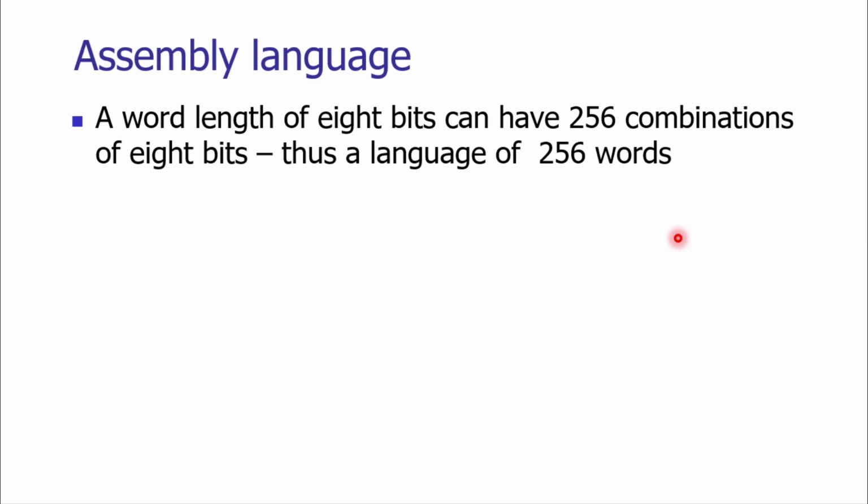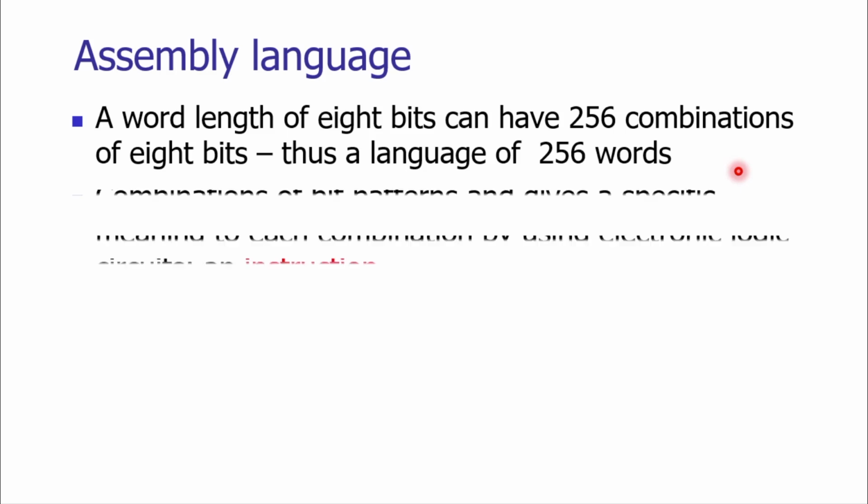In assembly language, a word length of 8 bits is used. If the word length is 8 bits, we can have around 256 combinations of 8 bits. Thus, the language will have around 256 words.